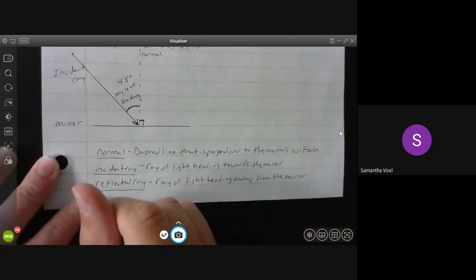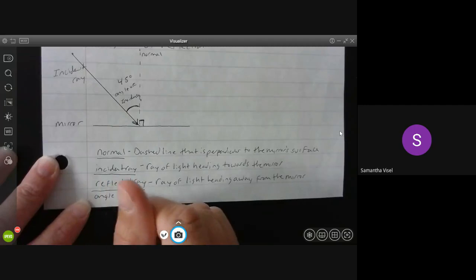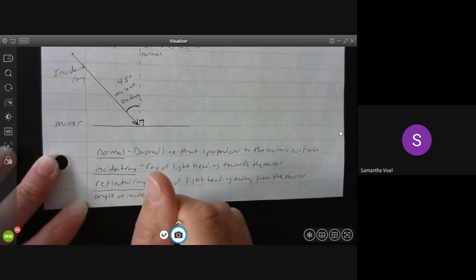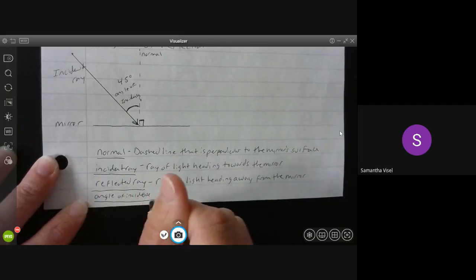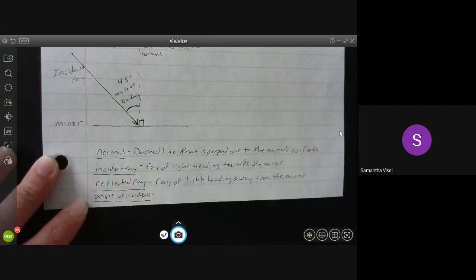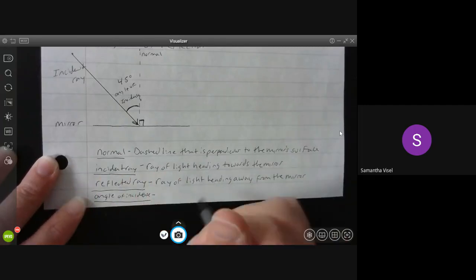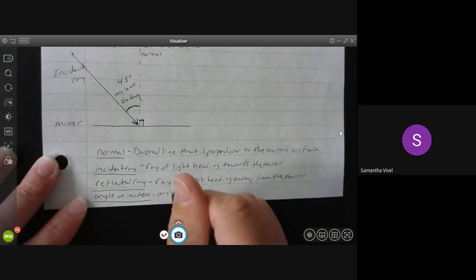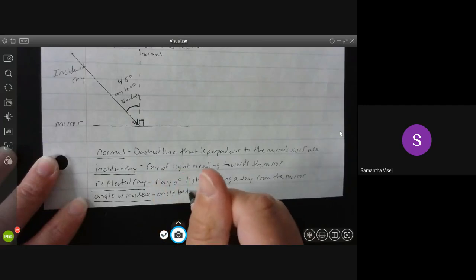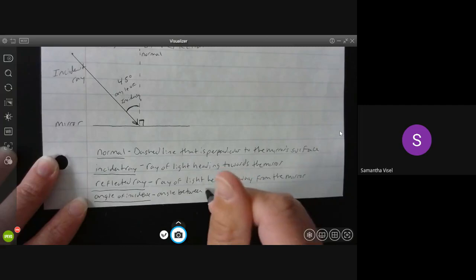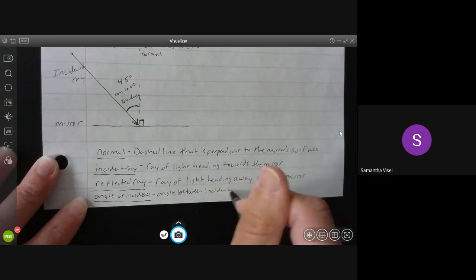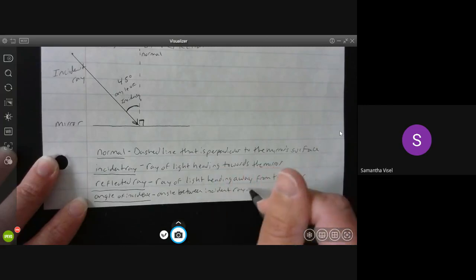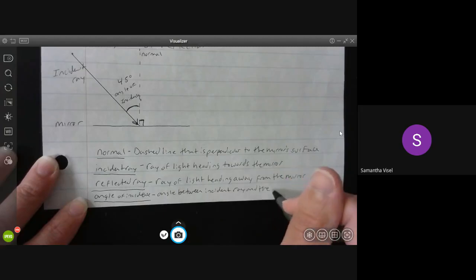And you can put a little note down here, defining this term, angle of incidence. This is the angle between the incident ray and the normal.